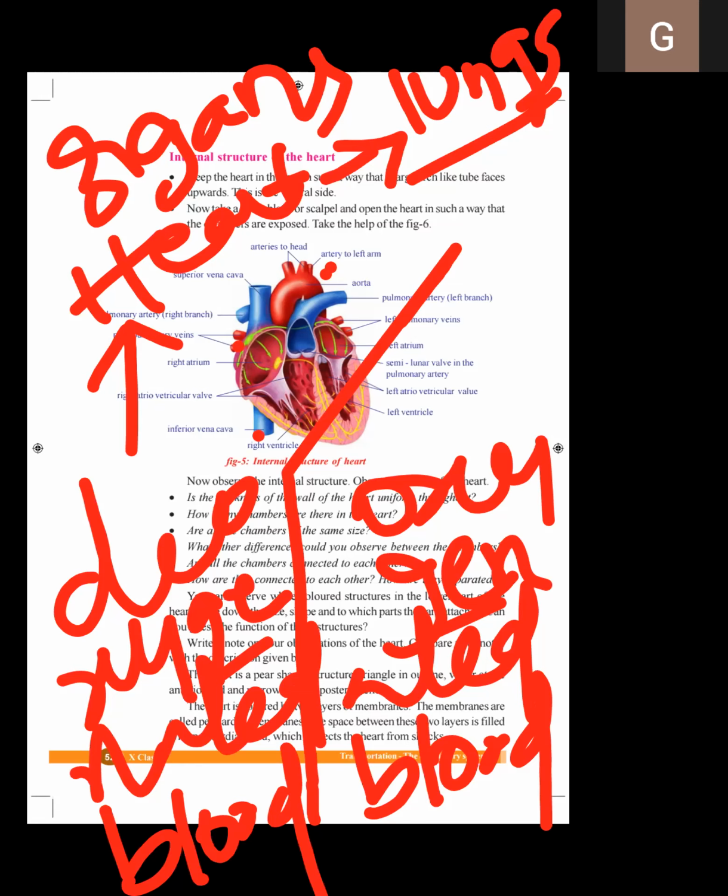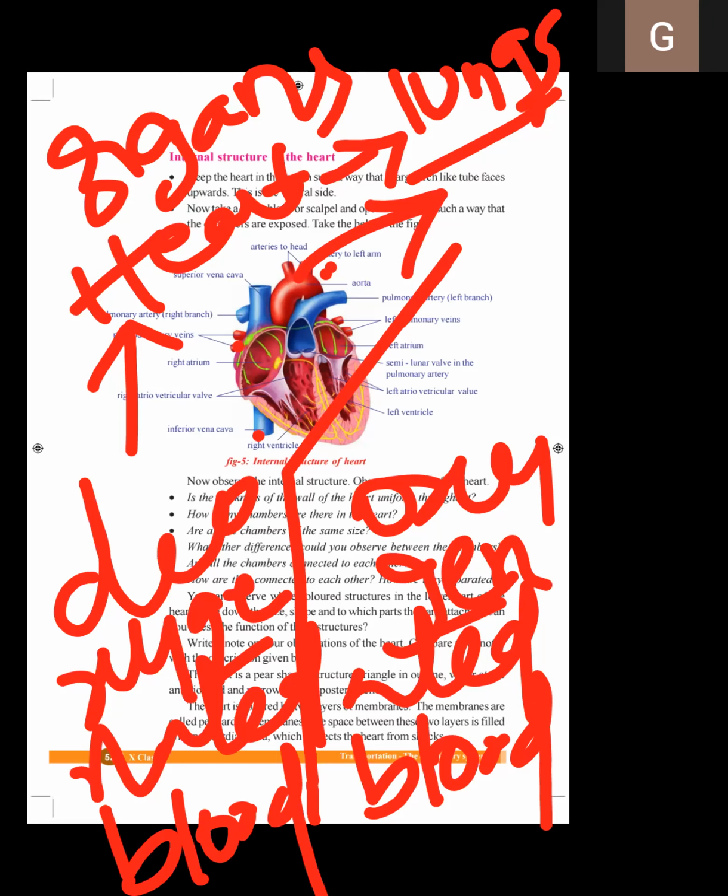In the left ventricle, again we have the major blood vessel, which we call systemic aorta. This is called systemic aorta. Systemic aorta is having thick walls.